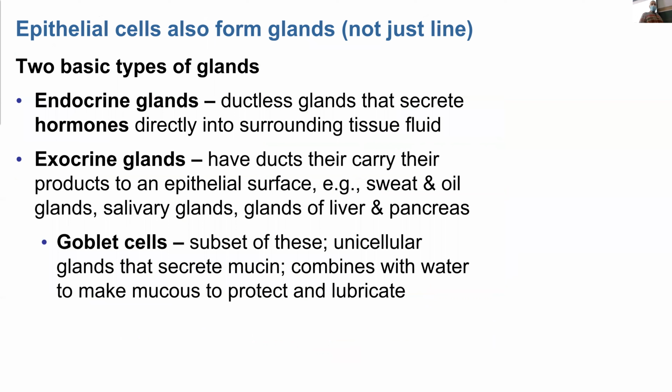What I want to just cover briefly is that epithelial cells also perform the function of the structure of glands. We have 2 basic types of glands. So they're not just coverings, they do so much more. We have endocrine glands. These are glands inside your body that secrete hormones directly into the surrounding tissue. They just kind of leach out these hormones.